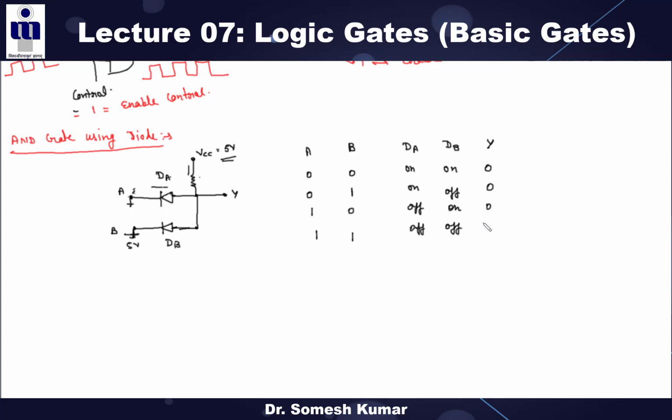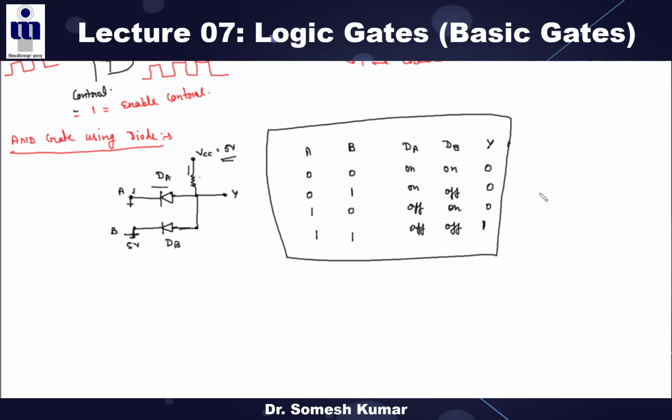And what is the output? 1. So this is what, your positive logic AND gate. Yes, positive logic AND gate. Clear? So in this way you can design your AND gate with the diodes.